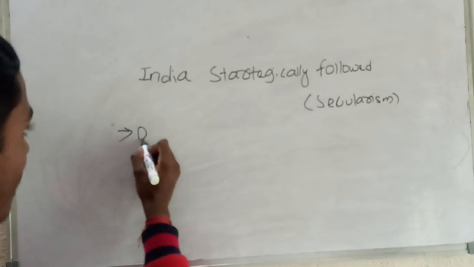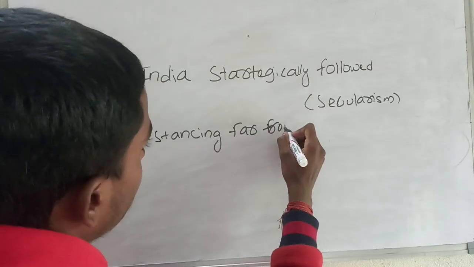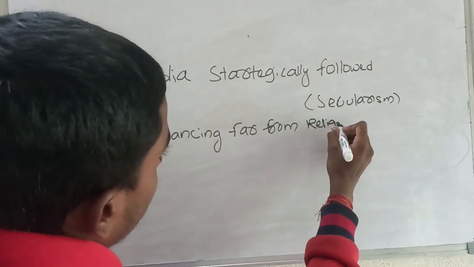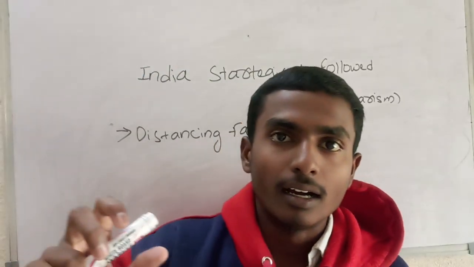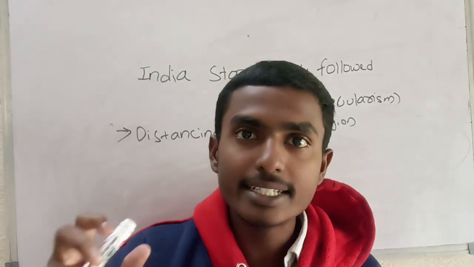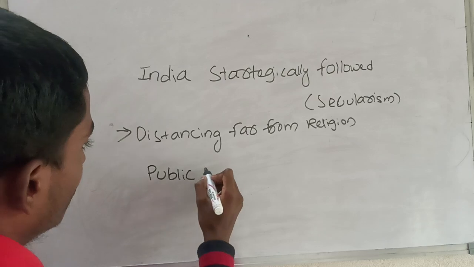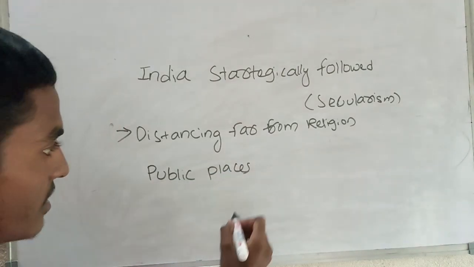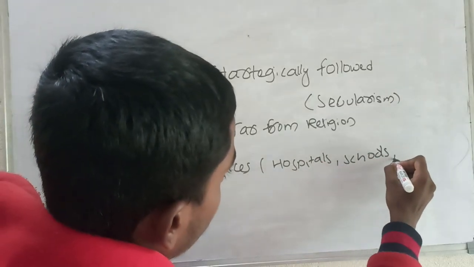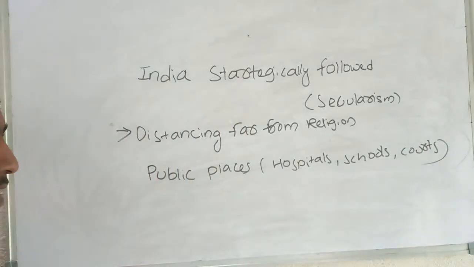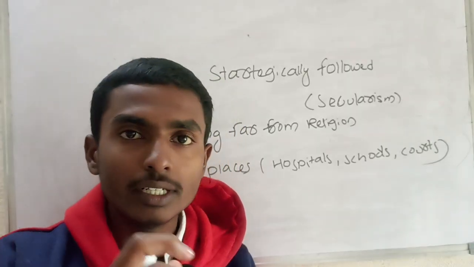First one is distancing far from religion. The state should be far from religion. The state does not want to involve in religious matters. Let us see with an example. At public places such as hospitals, schools, courts, no particular religion is given priority, and no religion is discriminated against.